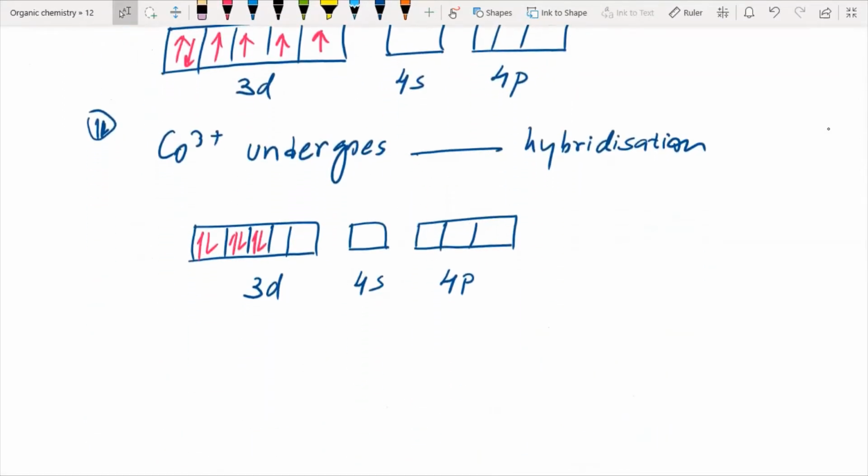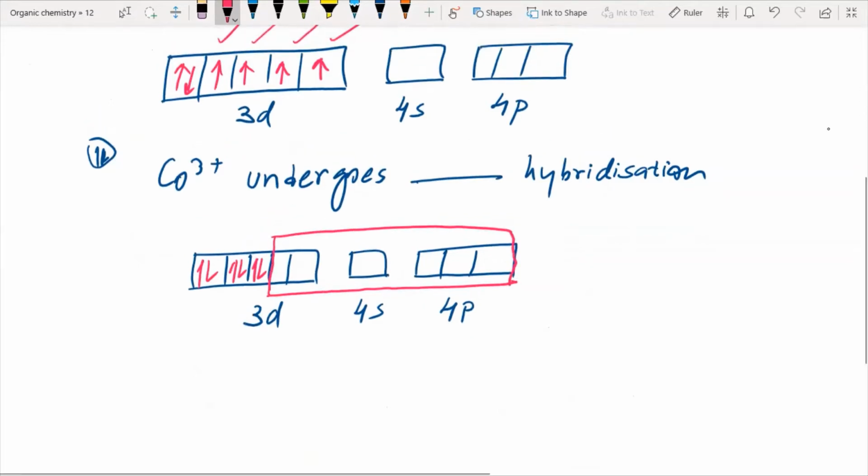For 6 ammonia molecules we require 6 orbitals, from the d, s and p: 2 d orbitals, 1 s orbital, and 3 p orbitals, as you see in this diagram. So Co3+ undergoes d2sp3 hybridization.